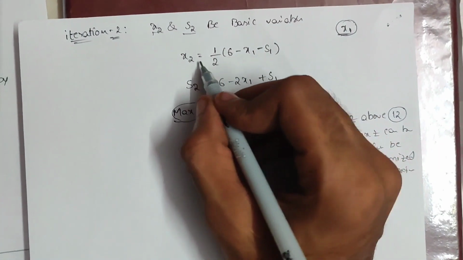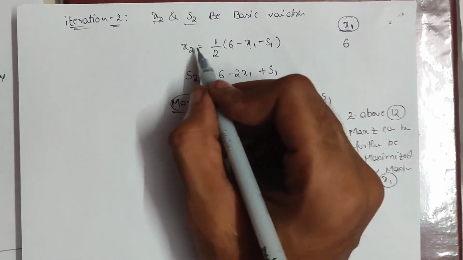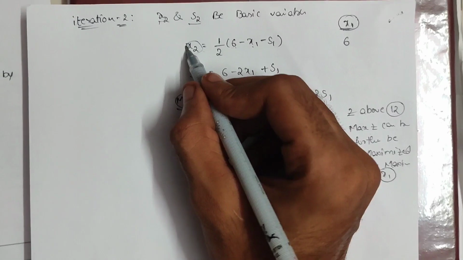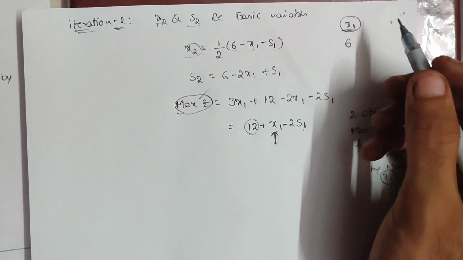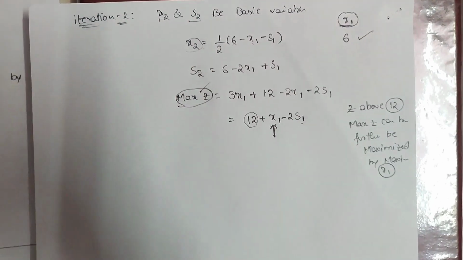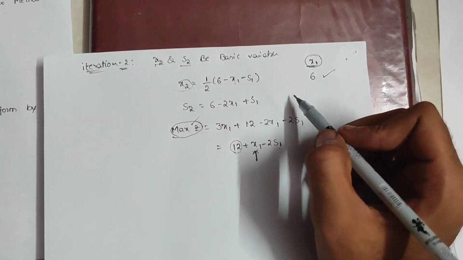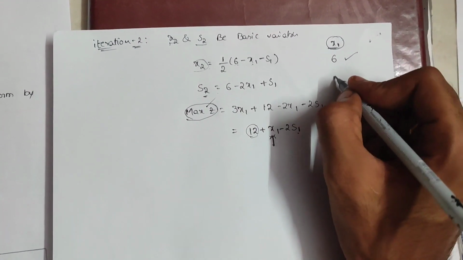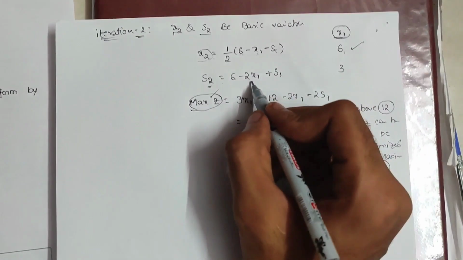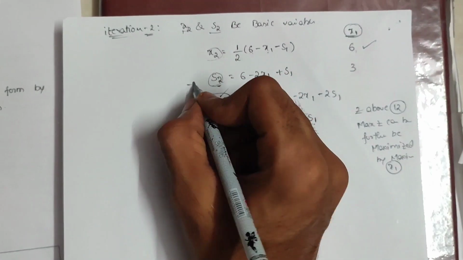Here the maximum possible value of x1 will be 6. As 6 minus 6 will be 0, and x2 is always greater than or equal to 0, x1 cannot go beyond 6. So the maximum value of x1 is 6, and according to s2 the maximum possible value of x1 will be 3. If we increase x1 beyond 3, the value of s2 will become negative.